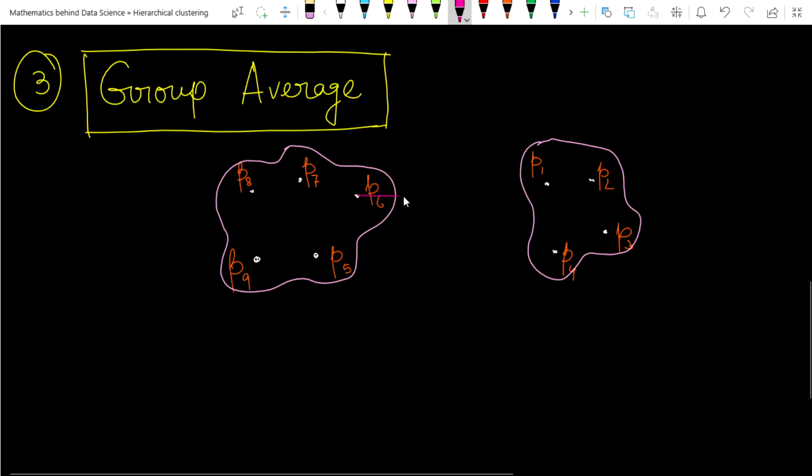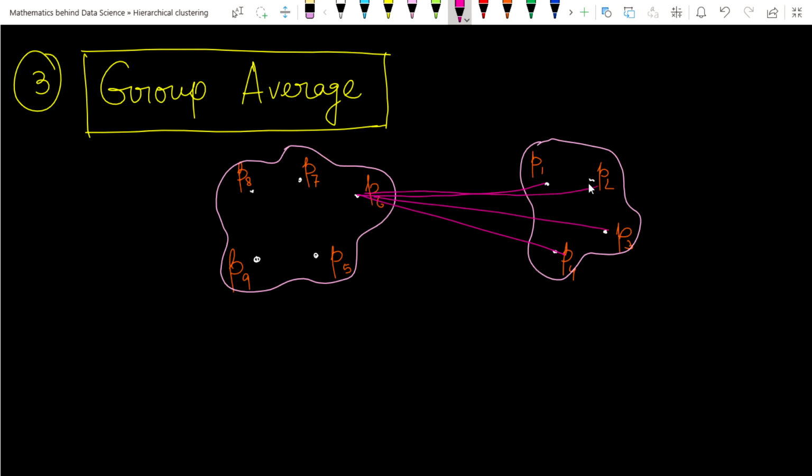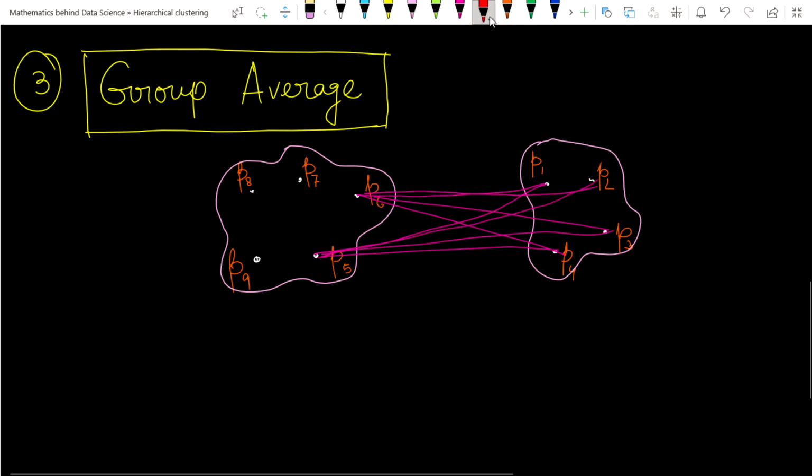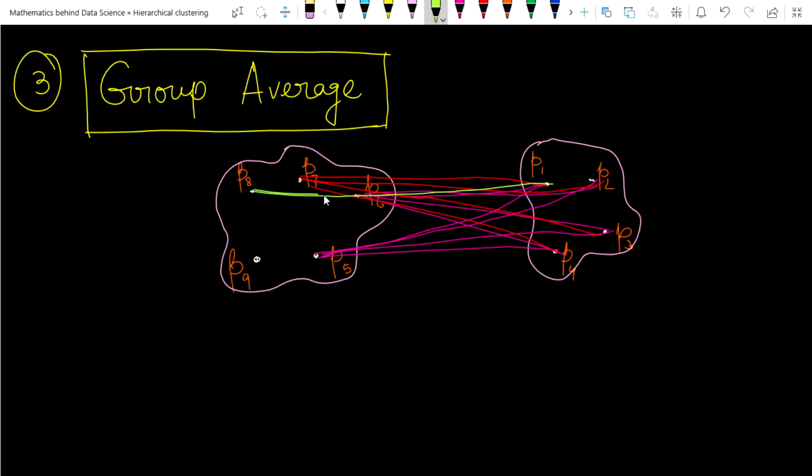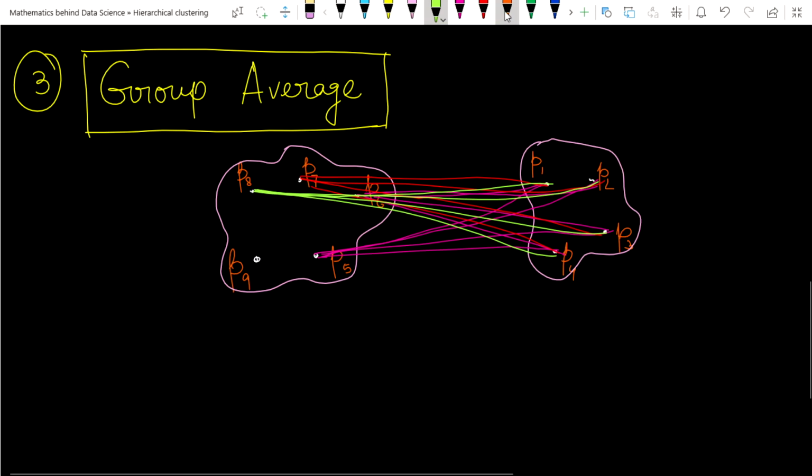First we have to compute each pair of distance, for each point in the same way.